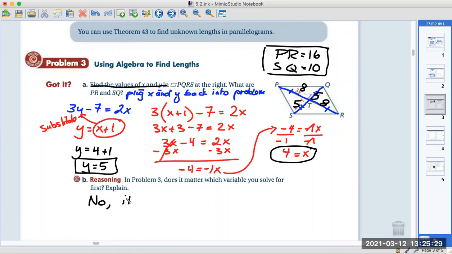It does not, because it's just whichever one is easier. I picked that one because y is alone. Y is x plus 1.